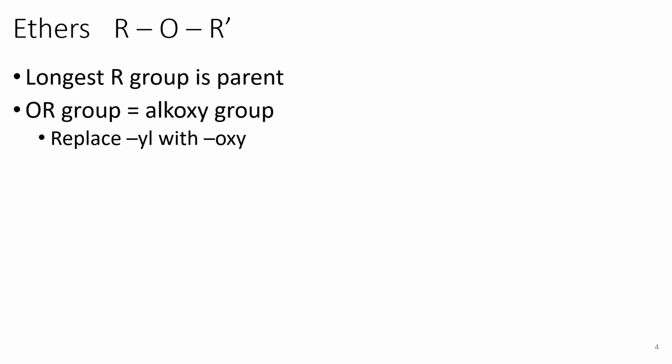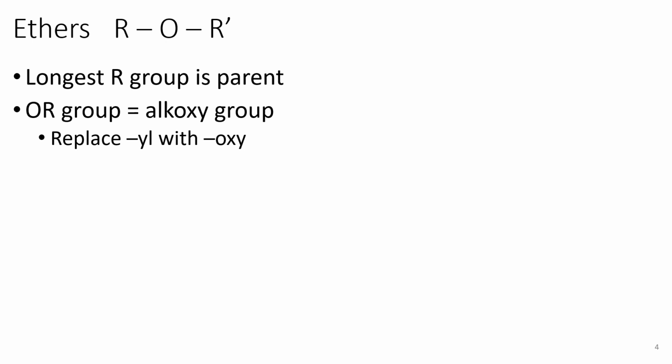Another thing that we want to be able to name are going to be our ethers. Remember, the ether functionality is an oxygen in between 2 carbon chains. So it's represented as our ROR functionality. Those 2 R groups can be the same or they can be different. And in our nomenclature, I'm going to focus on those 2 R groups being different.